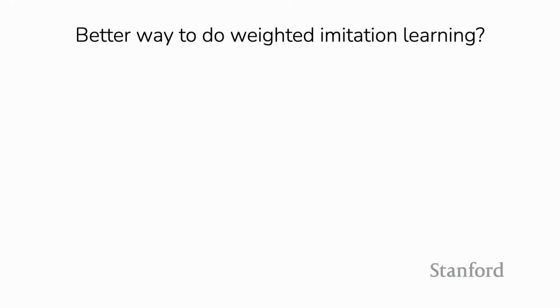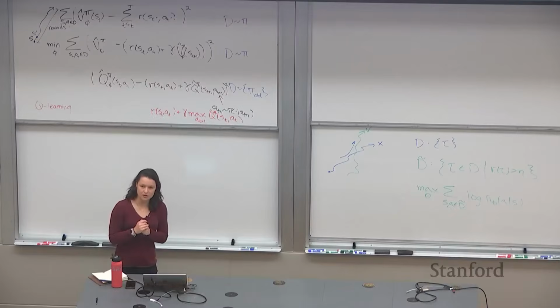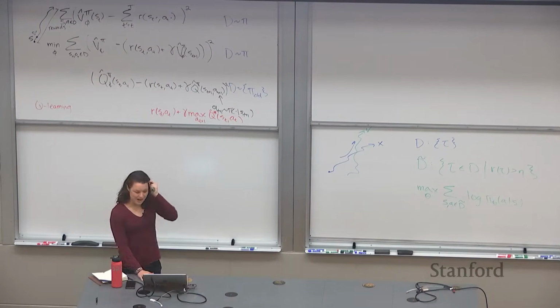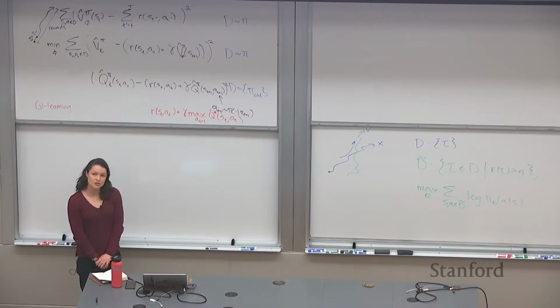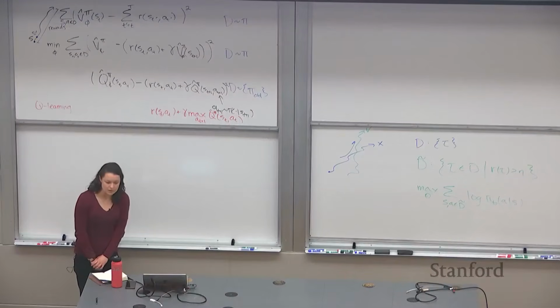Okay. Now, one of the reasons why I introduced this is that arguably some of the best offline RL methods are actually doing something that's not all that different from this, in that they do have an imitation learning component to them. The idea here is that instead of just taking the good trajectories, we could imitate the data, but weight our imitation learning objective based on how good the action was in that transition.